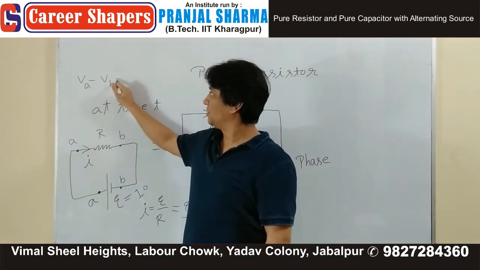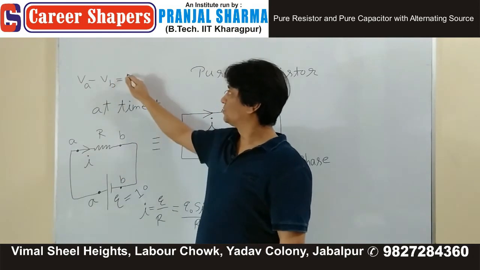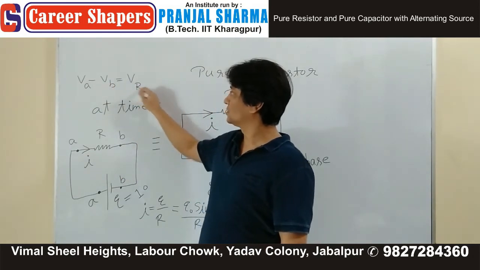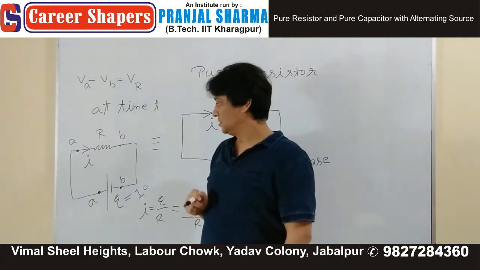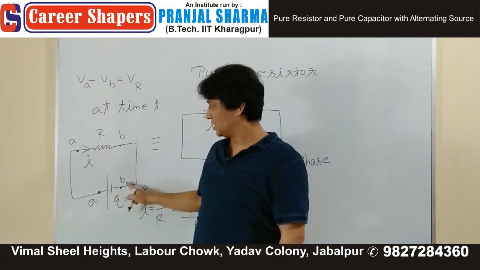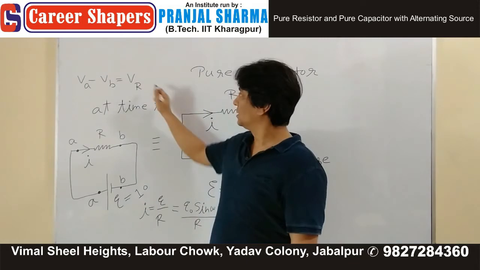VA minus VB means potential difference across the resistor. But what is VA minus VB? E.